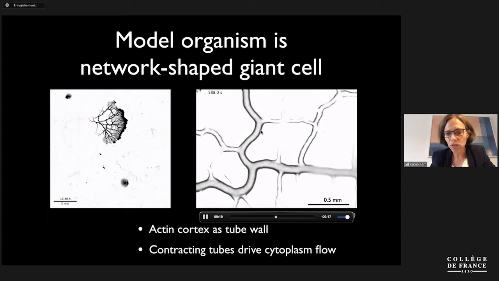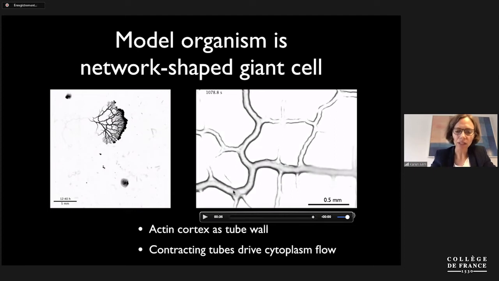And this is driven by an actin cortex contracting and thereby driving the liquid cytoplasm inside these tubes to flow back and forth. So we here really see fluid flows pervading these tubes. And the key is we can quantify it all.